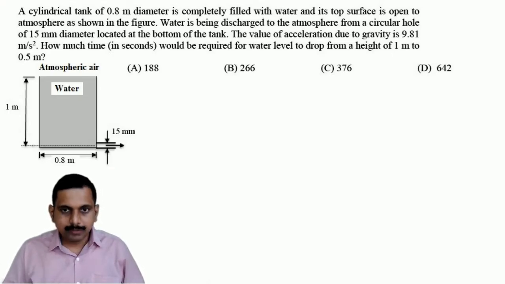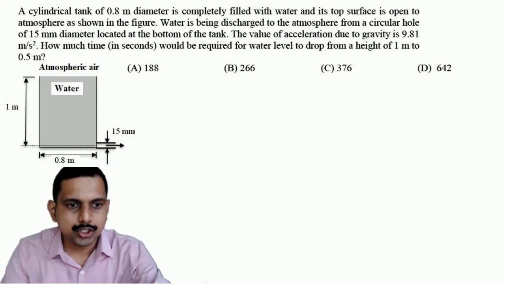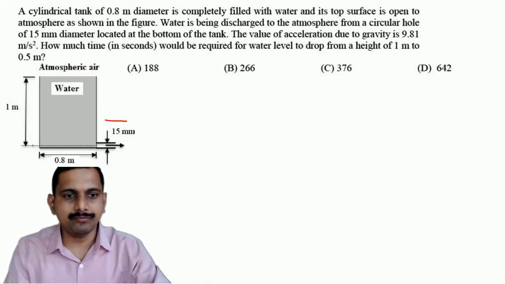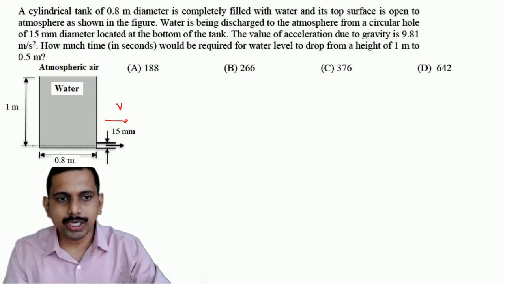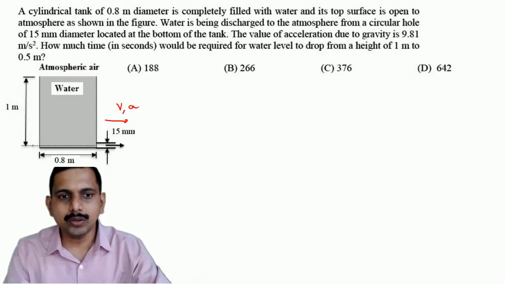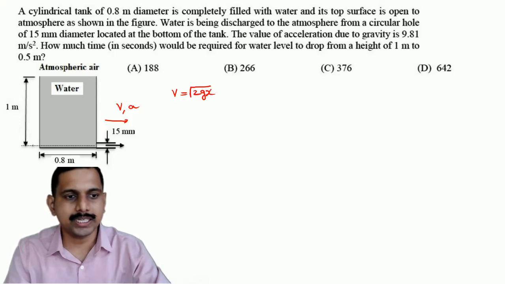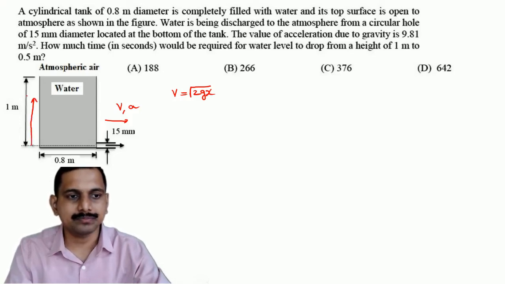So first of all, let us understand. From this side we have velocity, say v, and say this is an area a. Now this v is proportional to root of 2g into the height. Height I will say is x, in this direction, and any change, let me say dx.